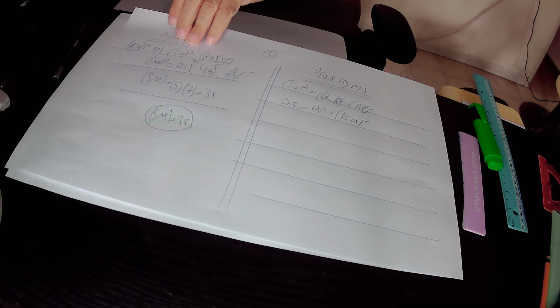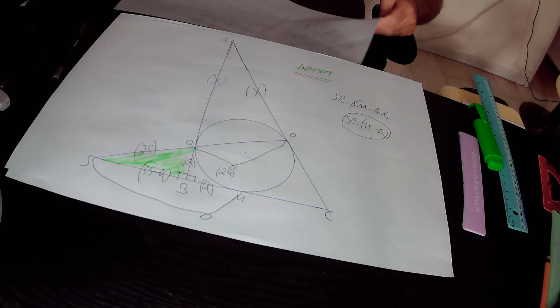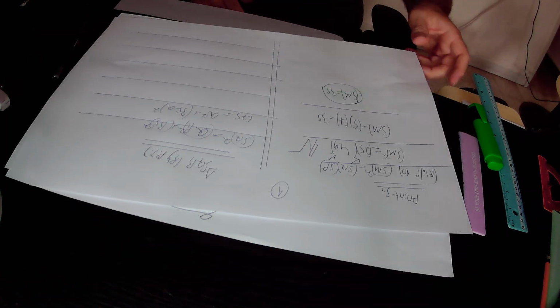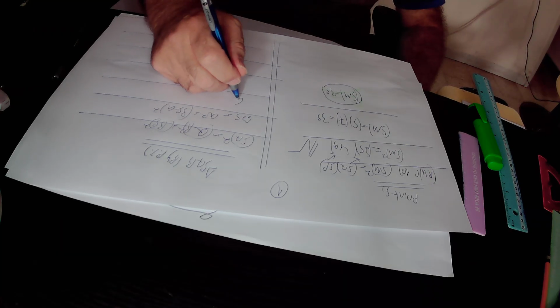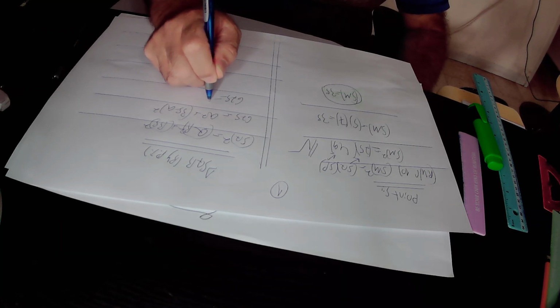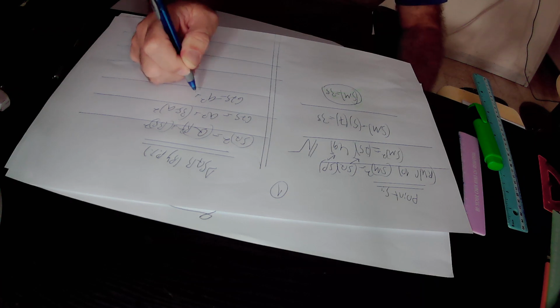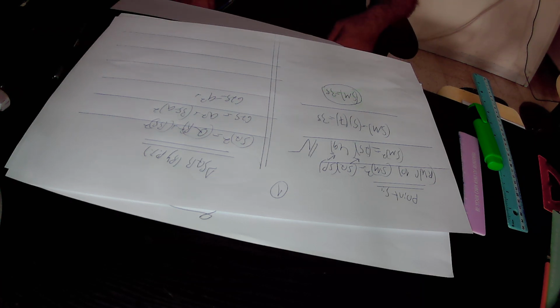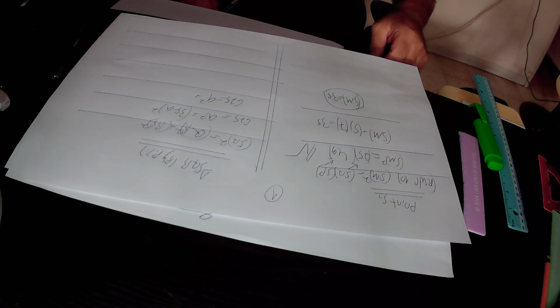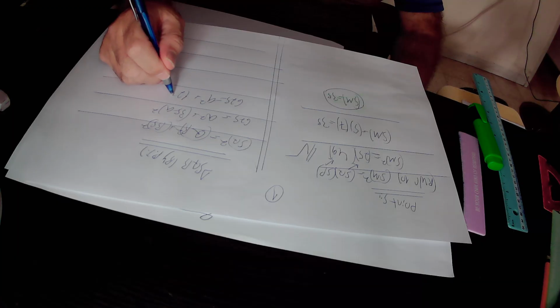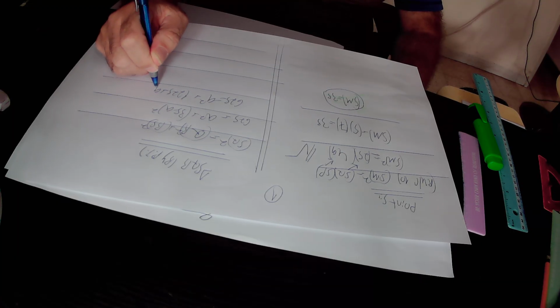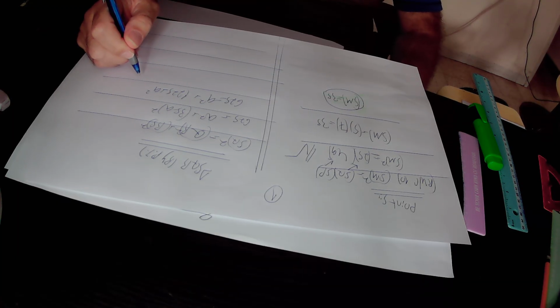So 625 equals to a square plus 35 minus a square. 35 minus a square equals to 35 squared, that is 1225, plus a square minus 2 times 35 times a.